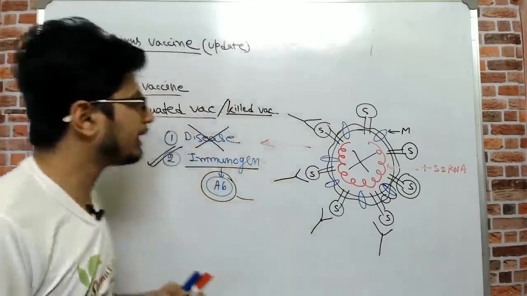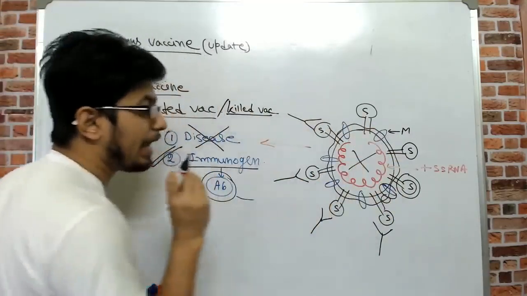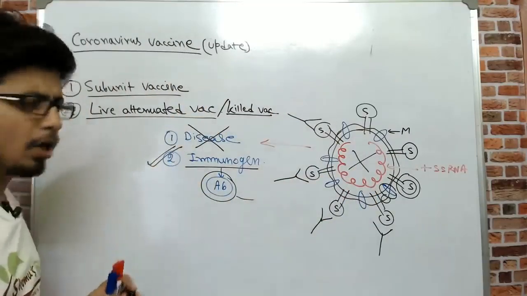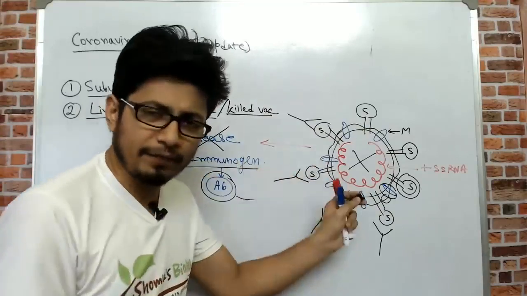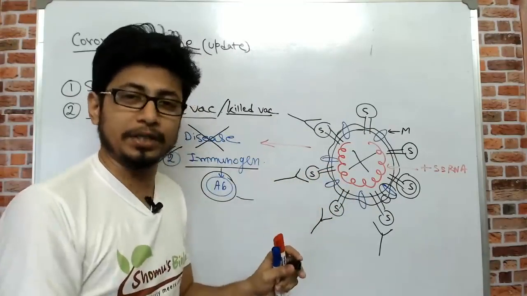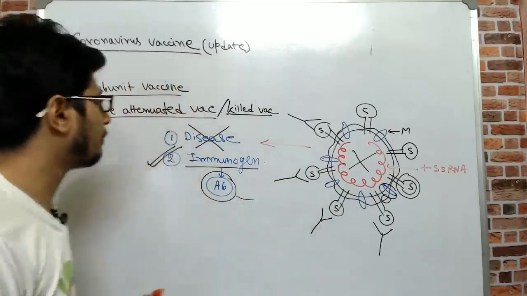Otherwise, we simply inactivate the disease causing property of the virus by treating it with some chemical factors that will destroy the disease generation property but only keep the immunogenic property.